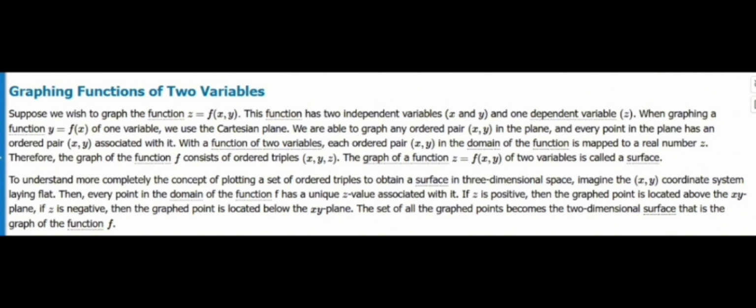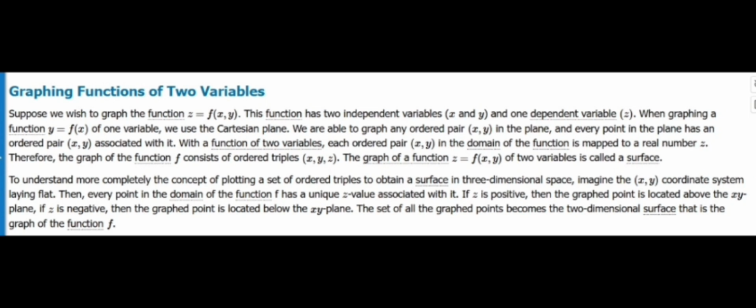To understand more completely the concept of plotting a set of ordered triples to obtain a surface in three-dimensional space, imagine the x-y coordinate system lying flat. Then every point in the domain of the function f has a unique z value associated with it. If z is positive, the graphed point is located above the xy plane.